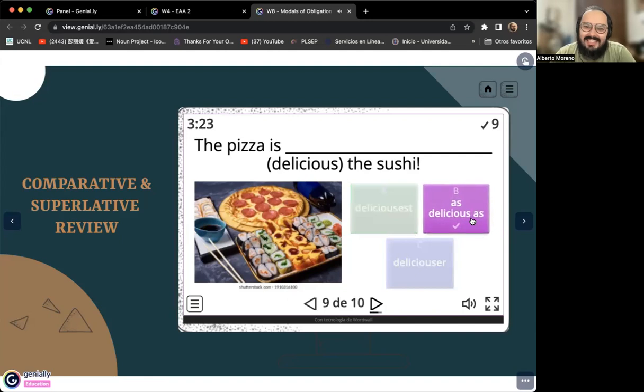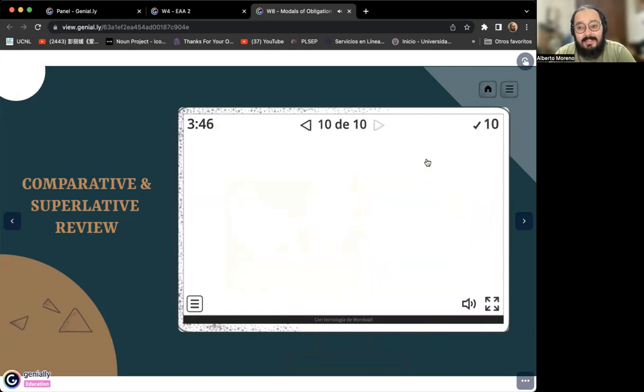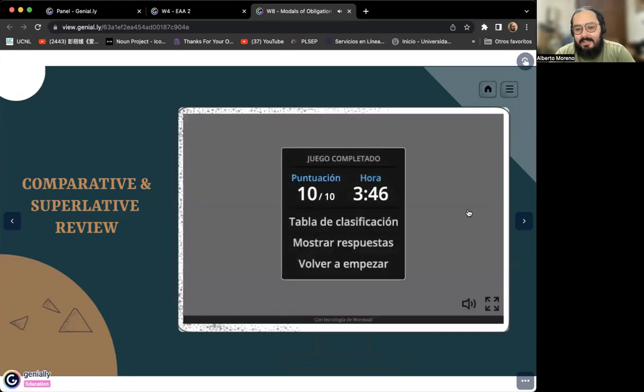As delicious as the sushi. It depends, because there are people who don't like sushi or pizza. The roller coaster is the Ferris wheel. Funnier as or as funny as. As funny as. Very good. And well, that's all for the activity.